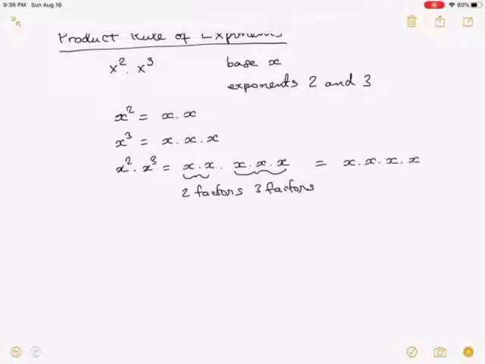So totally we have x times x times x times x times x, 5 factors, or it is x to the power of 5.